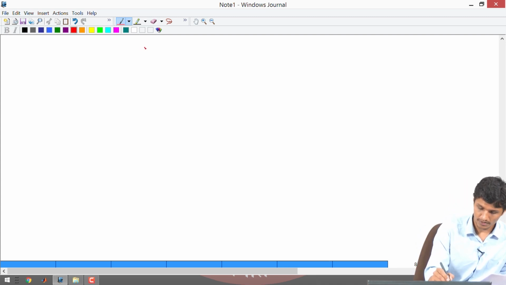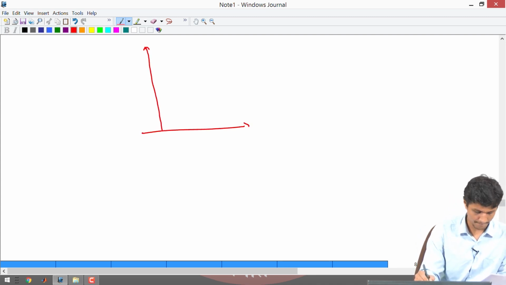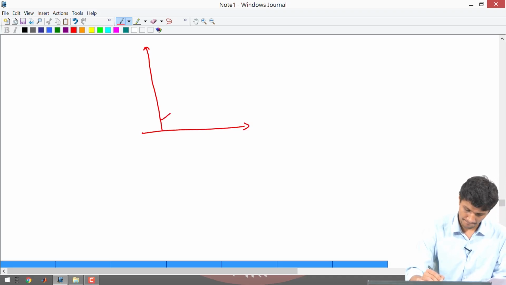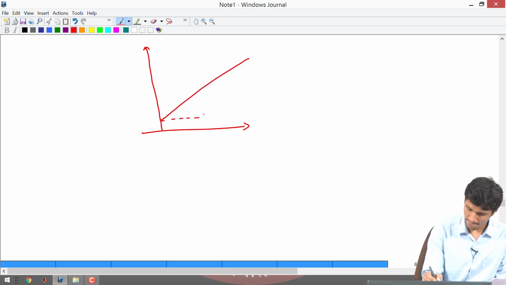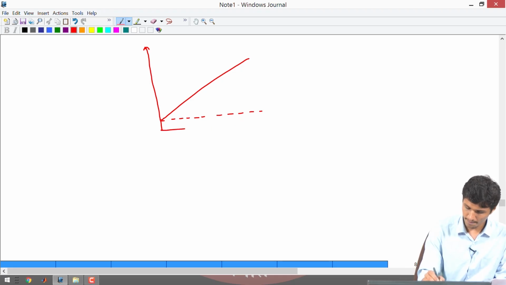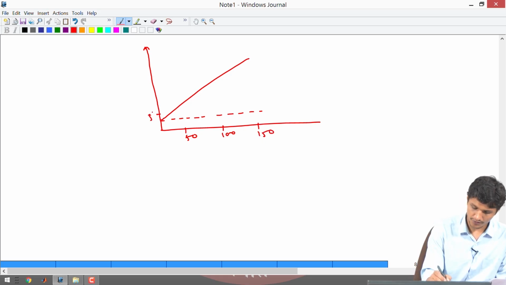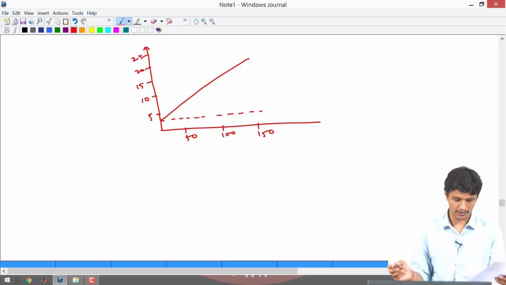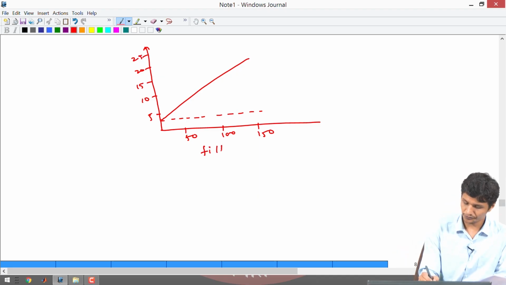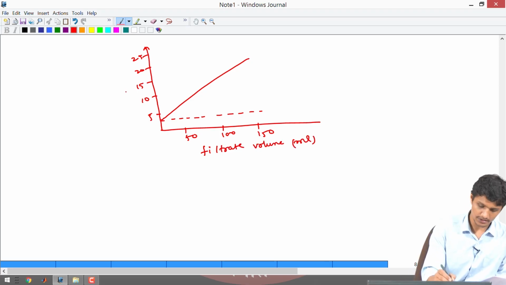The x-axis is filtrate volume in ml, 5, 10, 15, 20, 25, and the y-axis is time versus volume in second per ml.